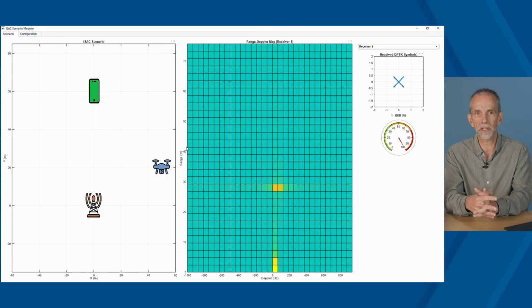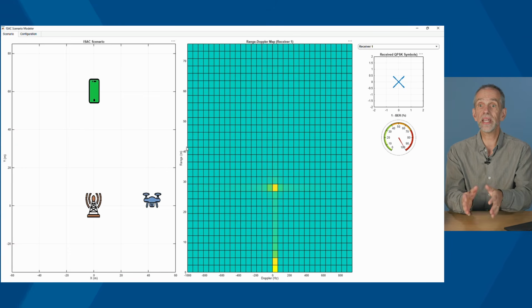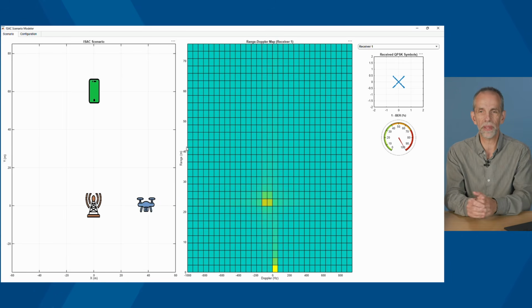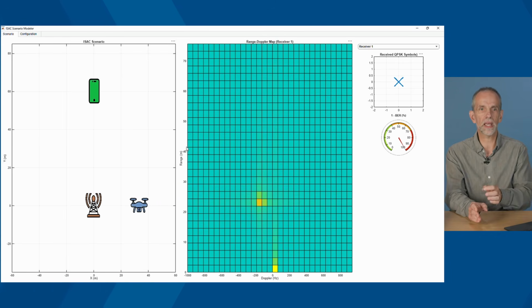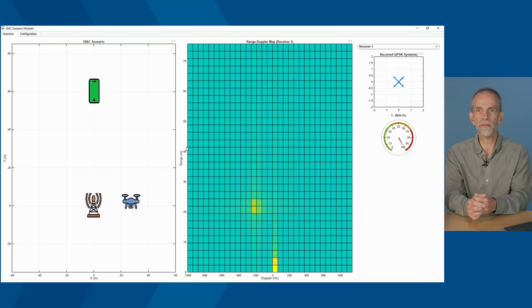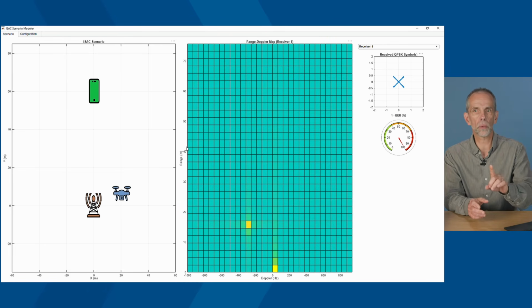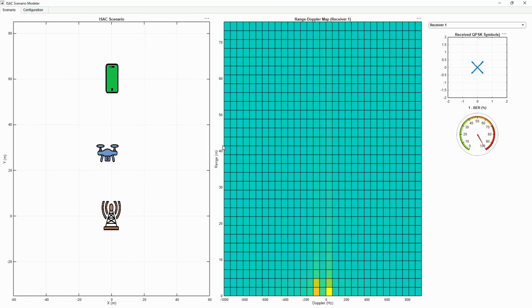If we focus a little more on the graphics on the right, at the top right is a received QPSK symbol. I've neglected to mention that we've got single carrier QPSK modulating every subcarrier of the OFDM signal. When the drone passes directly in between the UE and the base station, the constellation gets to be more what you would expect for QPSK, because it is phase equalized.